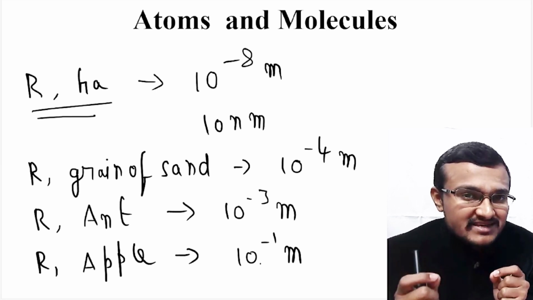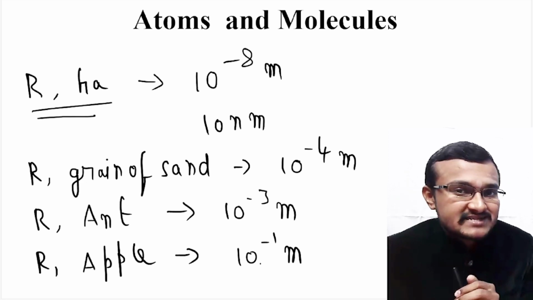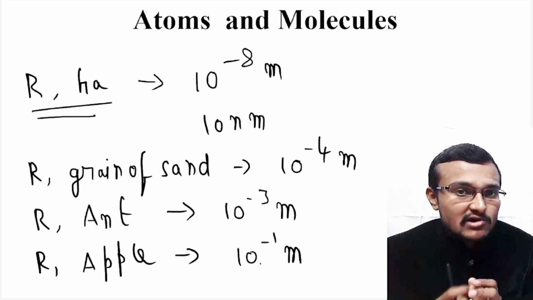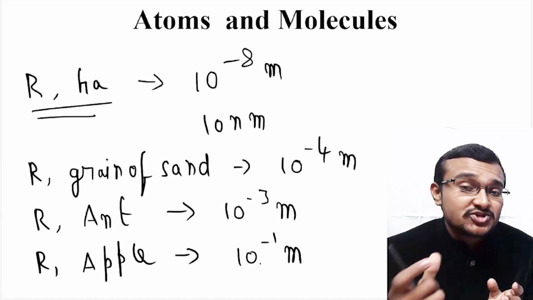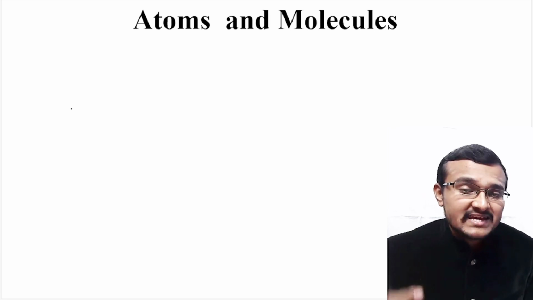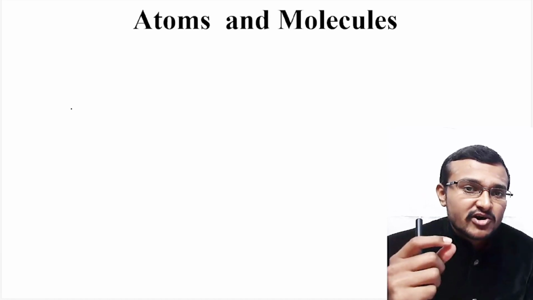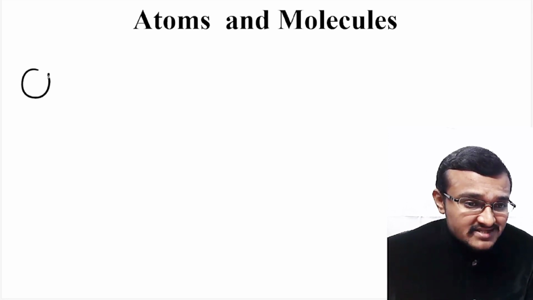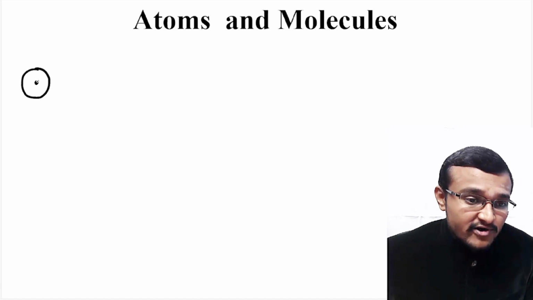And you should remember one thing, that all these objects are made up of atoms. That is the building block of every single object which you are seeing around you. So when Dalton came up with his atomic theory, he gave some symbols for very commonly known atoms. For example, this was the symbol which he gave for hydrogen.